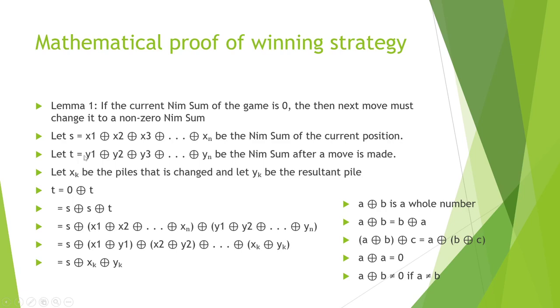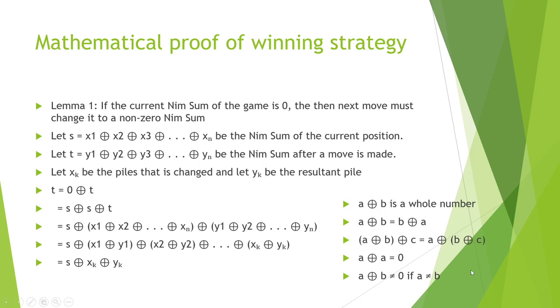Because we know that after a move is made, only one of the piles is changed, because that is the rule of the game. So we know all these other piles, x1, x2, x3, are going to be the same after a move is made, except for this singular pile, and we will call this xk. And then we will let yk be the resultant pile after a move is made.